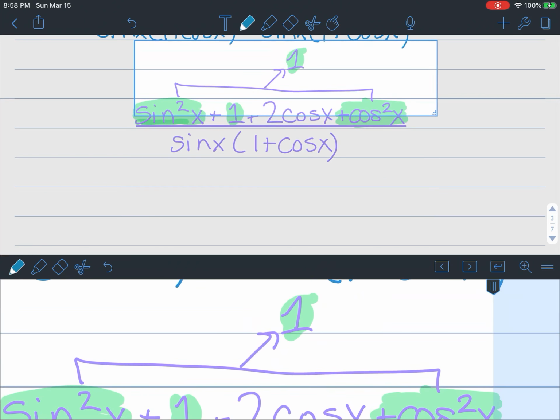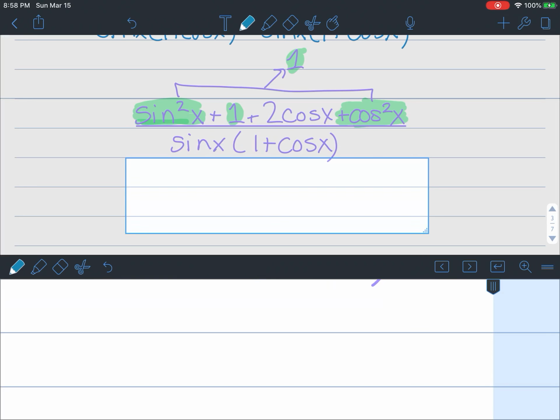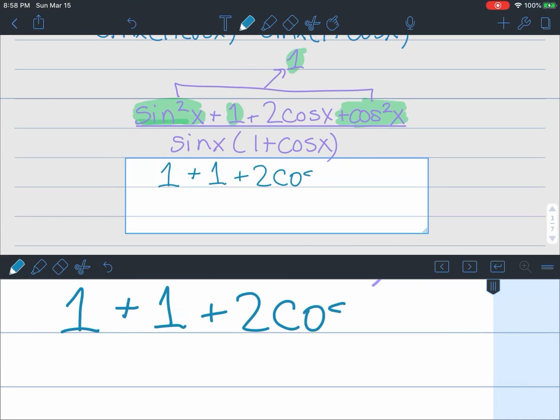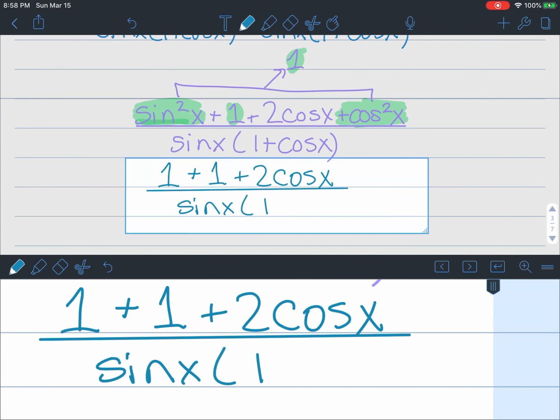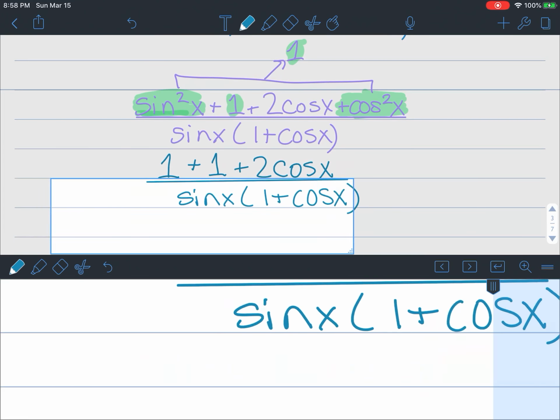Okay, so I'll just leave the 1 up here. I'm changing my sine squared plus cosine squared into 1, plus the 1 that was already there, plus 2 cosine x, all over sine x times 1 plus cosine x.